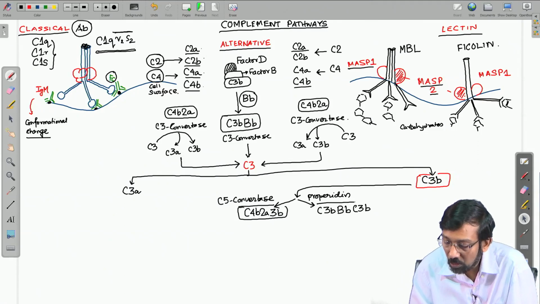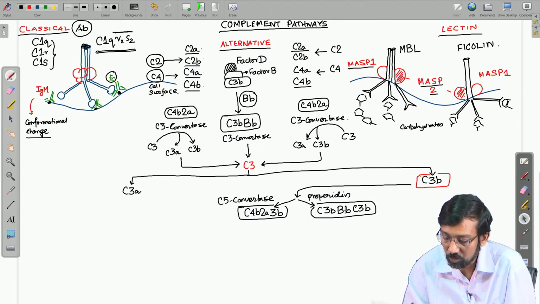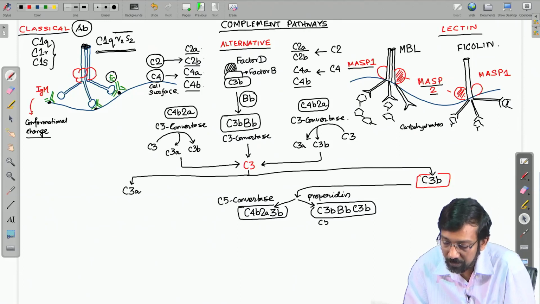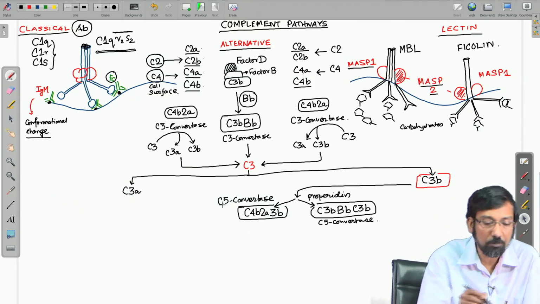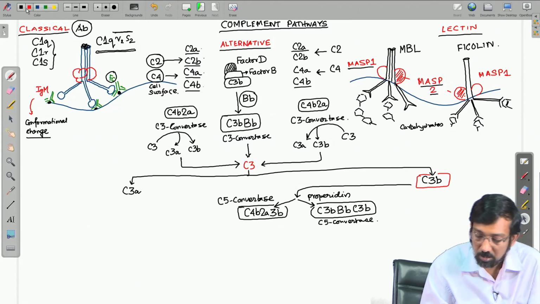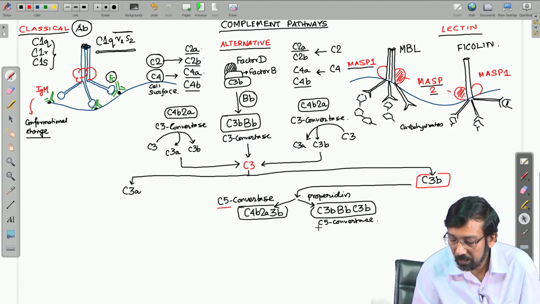So, this is also another C5 convertase. So, at least you have two C5 convertases, here one and here one.